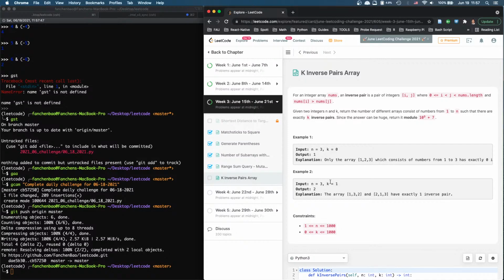So like 1, 2, 3, 4, but 1, 2, 4, 3, because 4 cannot go any further to the previous, otherwise I have more than 1 pair. And then we move 3, right? Any value we move, if 1 to n is sorted, we move to the left in order to create the inverse.